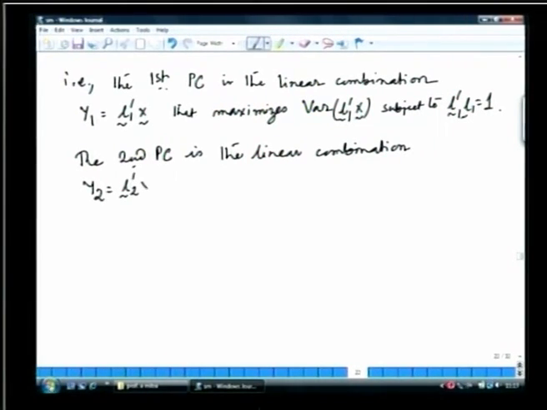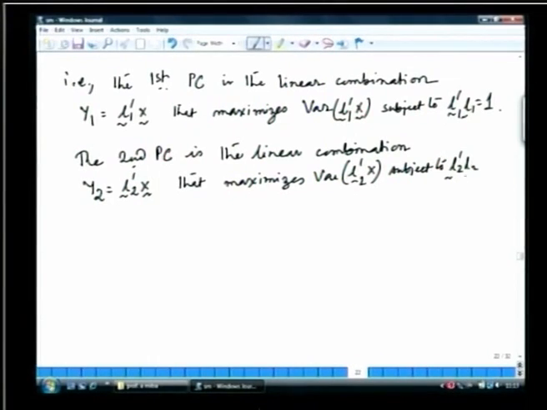This is some other linear combination of the x's, x1, x2 to xp, such that the variance maximizes the variance of y2, that is L2 prime x, subject to L2 transpose L2 is 1, and the covariance between y2 and y1, that is L1 prime x and L2 prime x, is equal to 0.